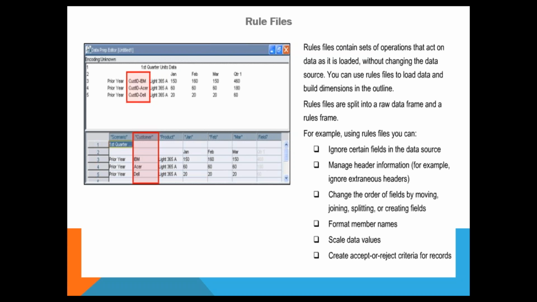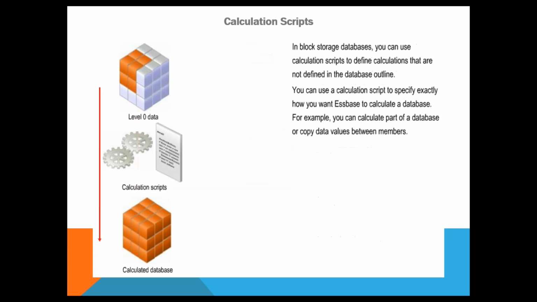Let's say new members come in, new products sometimes, like we talked last time. So you can format those member names as well. Create, accept, or reject criteria for a record: you can create the criteria for when to accept a record and when not to. These are the things which you do with the rules files.